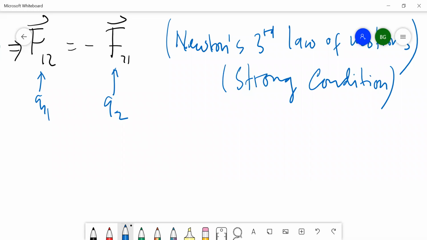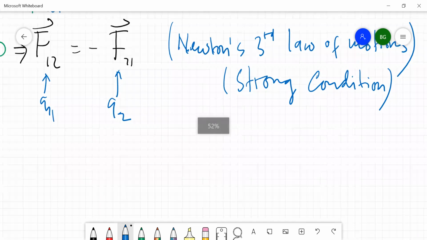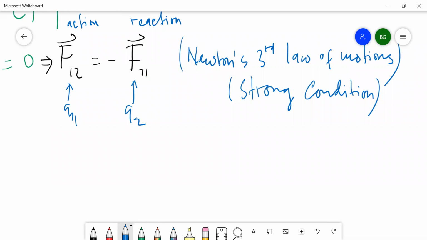Is there any question about these materials? Any questions?